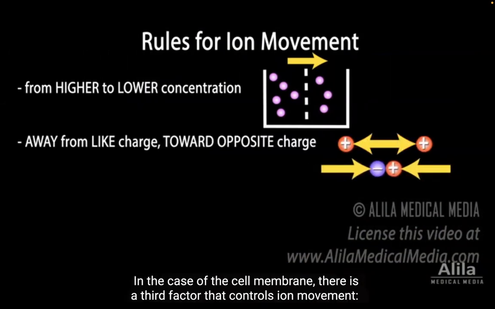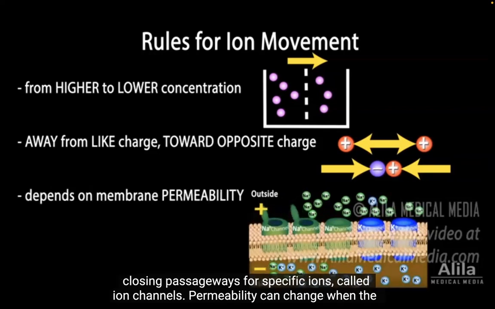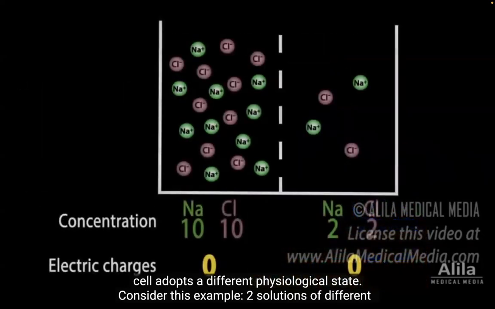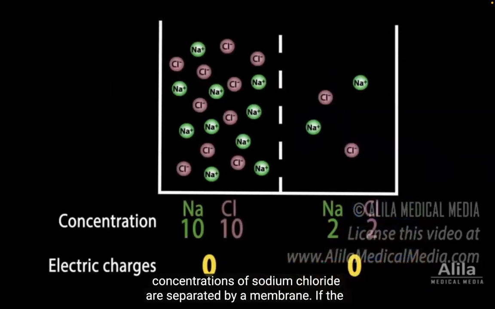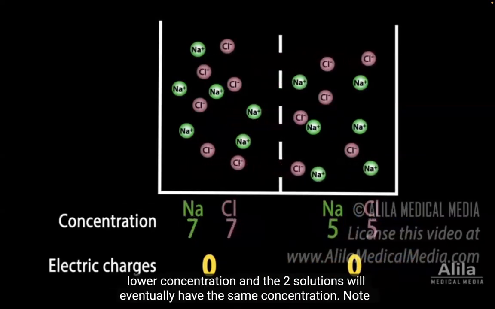In the case of the cell membrane, there is a third factor that controls ion movement: the permeability of the membrane to different ions. Permeability is achieved by opening or closing passageways for specific ions, called ion channels. Permeability can change when the cell adopts a different physiological state. Consider this example. Two solutions of different concentrations of sodium chloride are separated by a membrane. If the membrane is equally permeable to both sodium and chloride, both ions will diffuse from higher to lower concentration, and the two solutions will eventually have the same concentration.